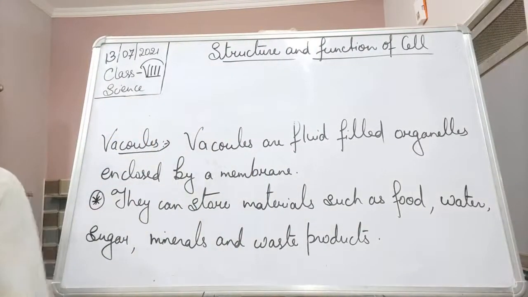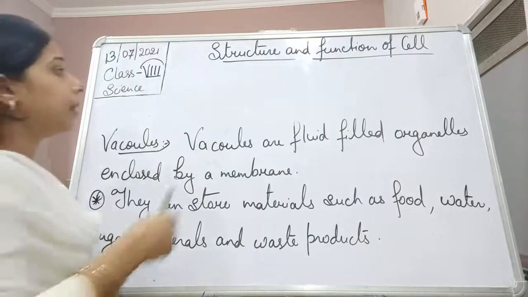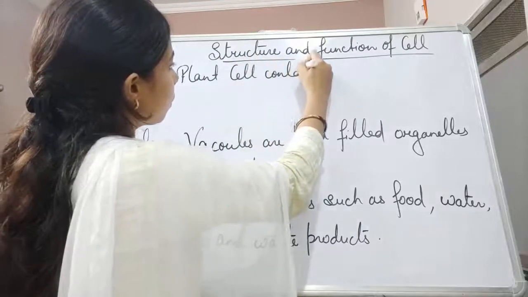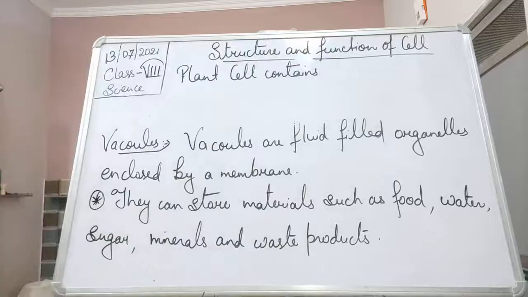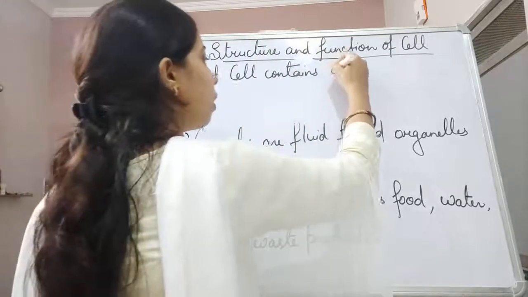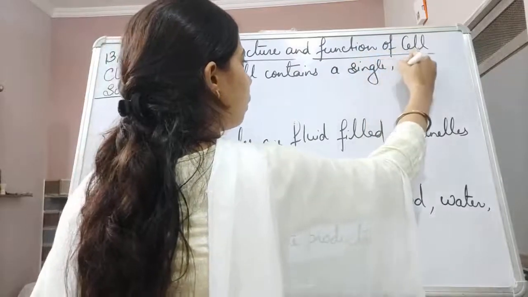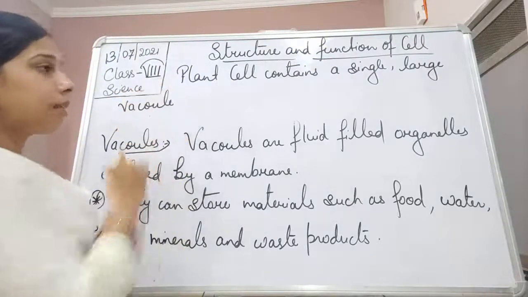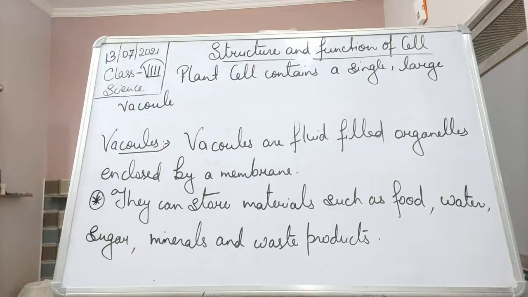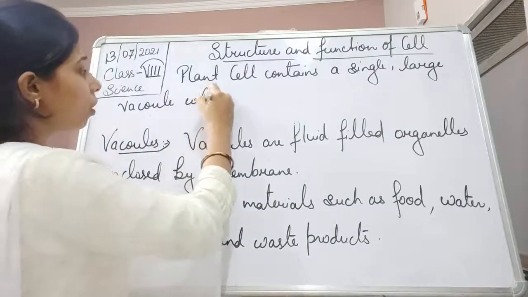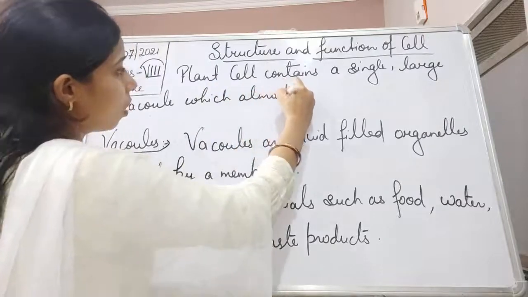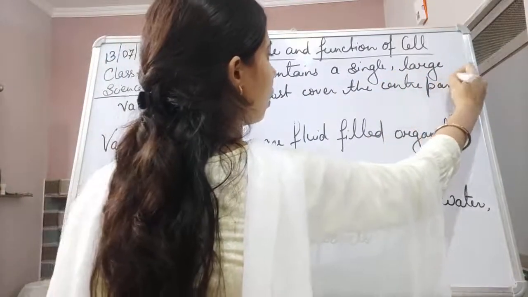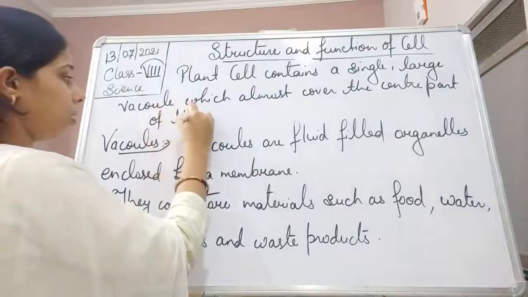So we can write here that the plant cell contains a single large vacuole, which almost covers the center part of the cell.